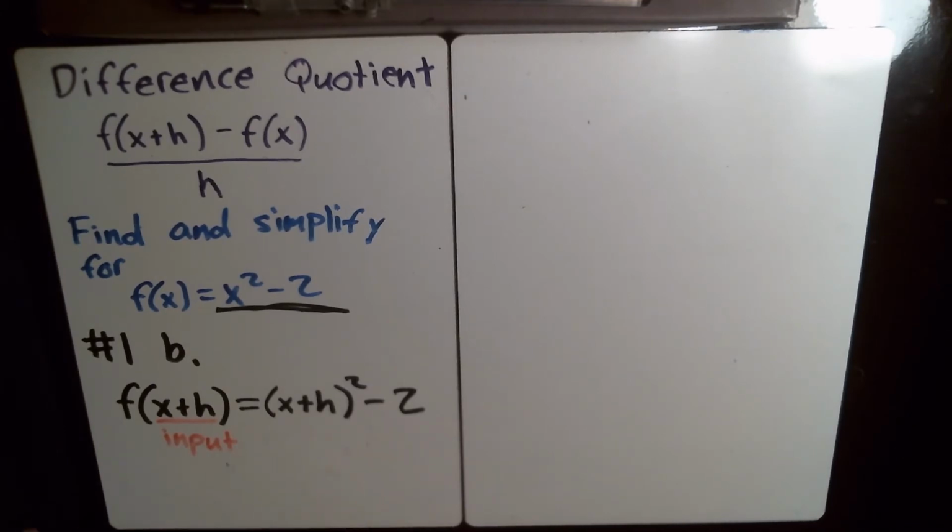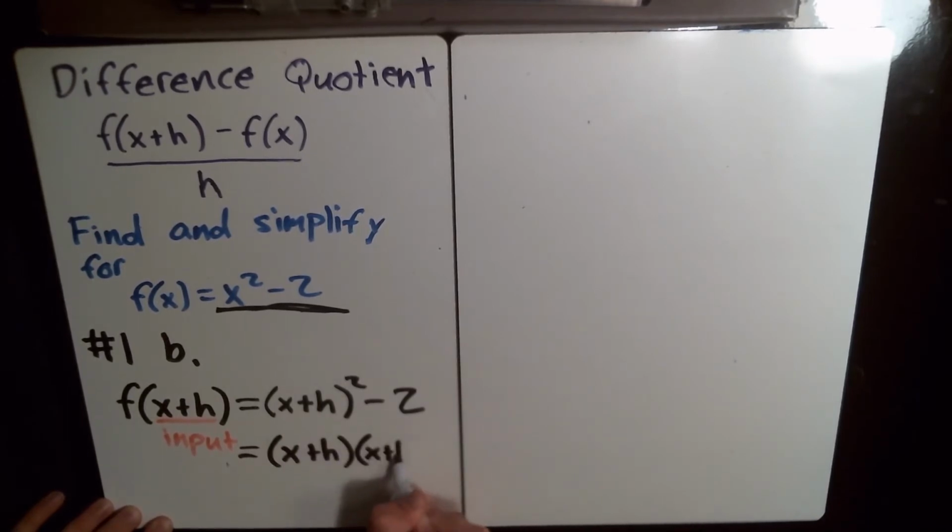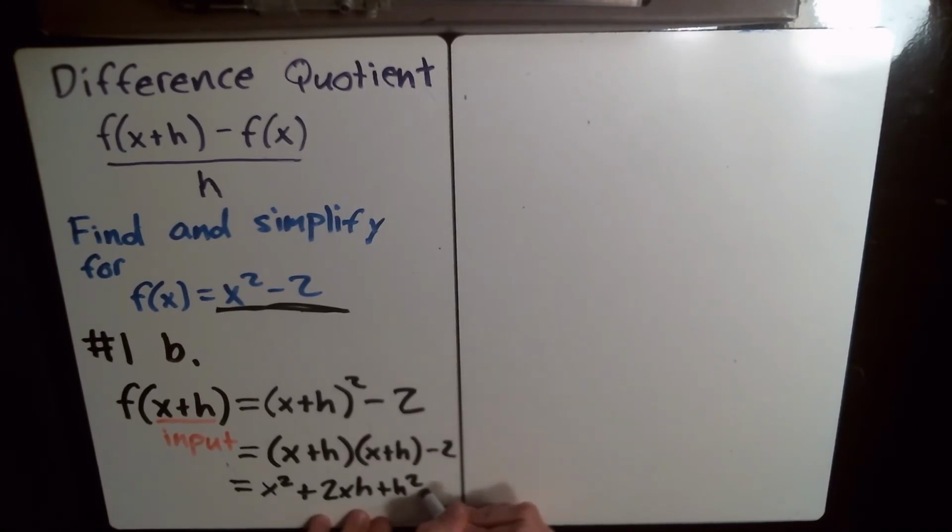When we FOIL it out, we have x plus h times x plus h minus 2. And so when we FOIL it out, we get x squared from those two, and xh, and then another xh, so two xh's, and then an h squared, okay? Minus 2. That's what we would get when we FOIL it out.